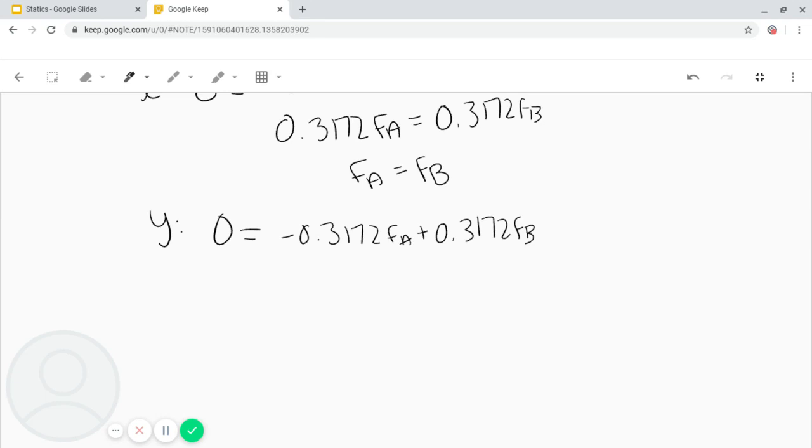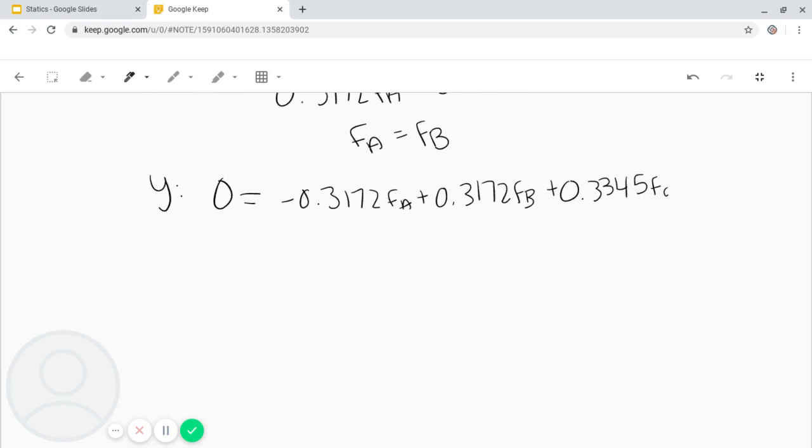Sorry, that should be a plus there. And again, we want to be working with those unit vectors at this point, just because they are the force vectors multiplied by the unit vectors.